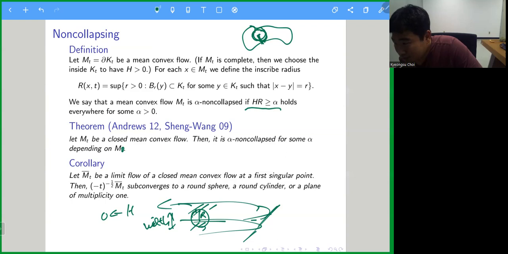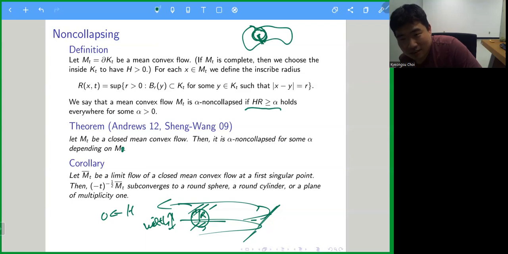So one has the Sigar soliton cross R as a potential three-dimensional ancient Ricci flow, but that is somehow collapsed.